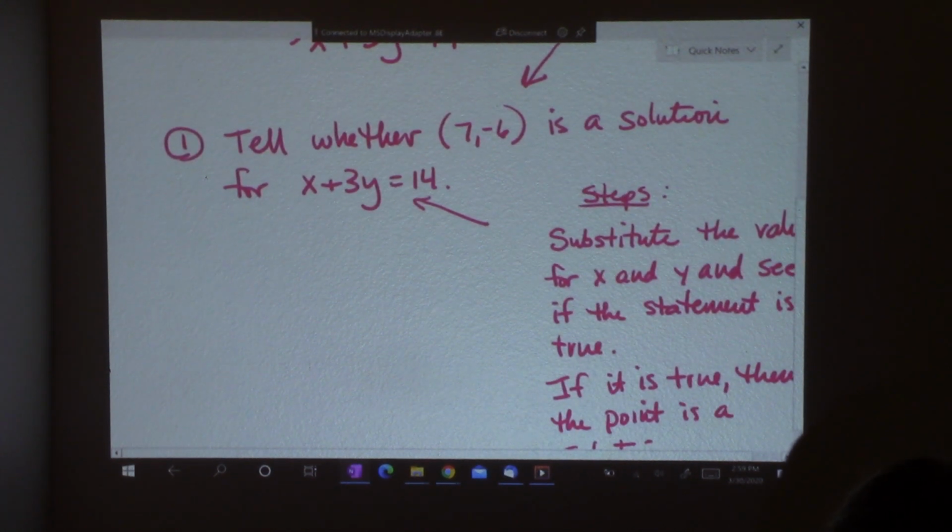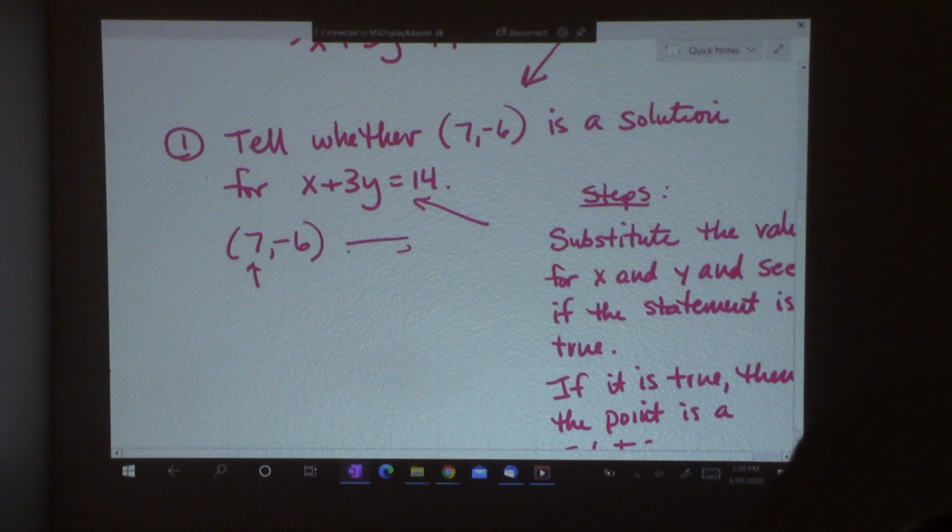So here is our equation. Now when I have a point like this, 7, -6, the first number in my ordered pair refers to x, and the second number refers to y. So I'm going to say that x is 7 here, and y is -6.